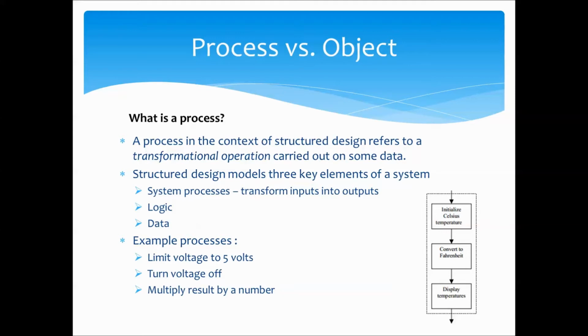So the structured approach to development first determines the requirements of a certain project. Then it structures these requirements by modeling the processes and logic of a proposed system. And there's a little diagram you can see here with an example of process modeling. Each process takes an input and produces an output.